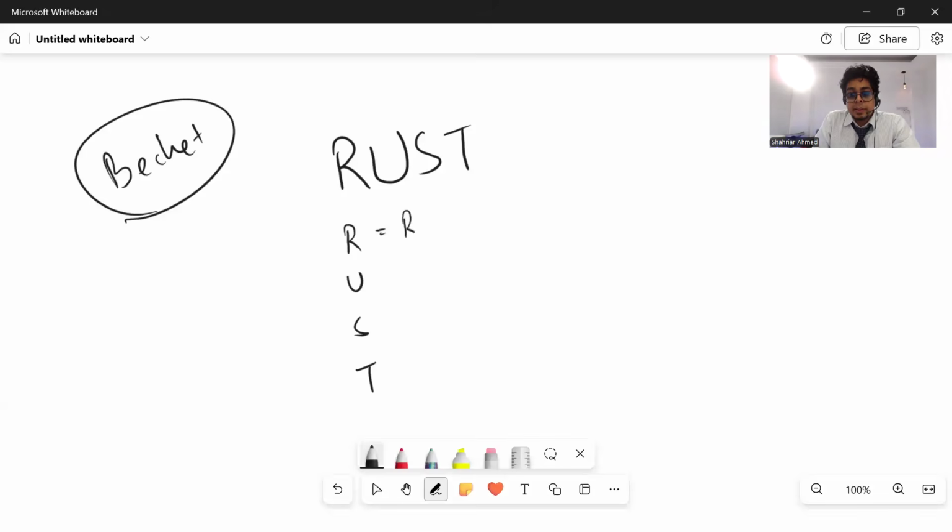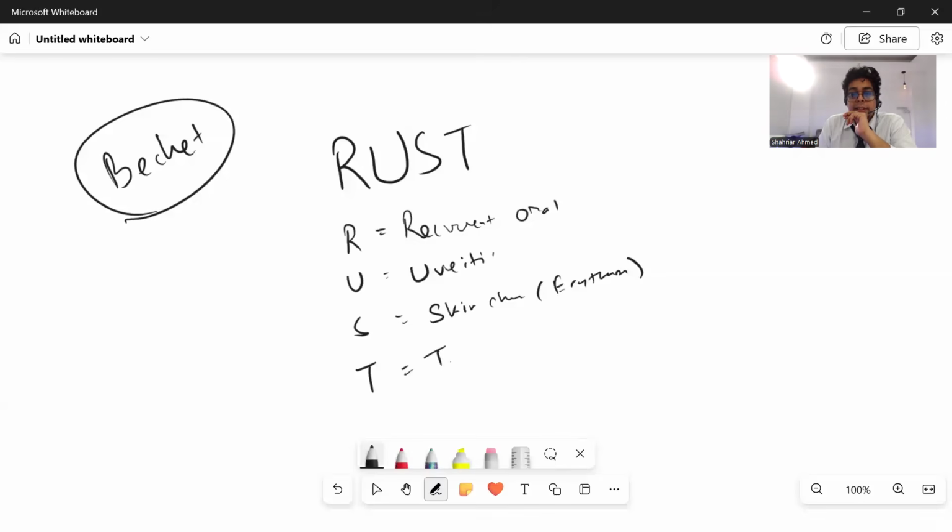R is recurrent oral ulcer, then U is uveitis, then S is skin changes, erythema.